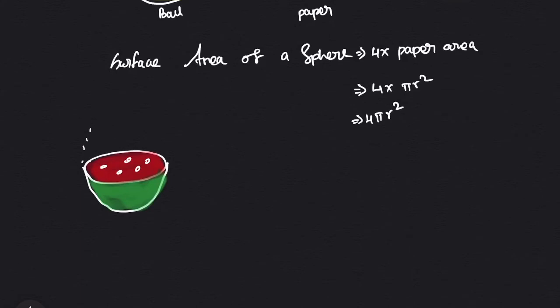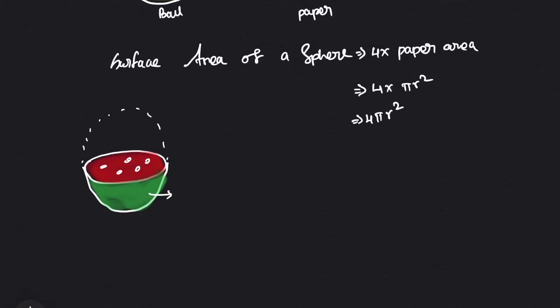Say a full watermelon, consider it a sphere and we cut it into 2 halves, that means 2 equal pieces. So this value we already know. If a full sphere entirely needs 4 papers, so to cover in the green color, 2 papers are enough, because it is only half of the value.